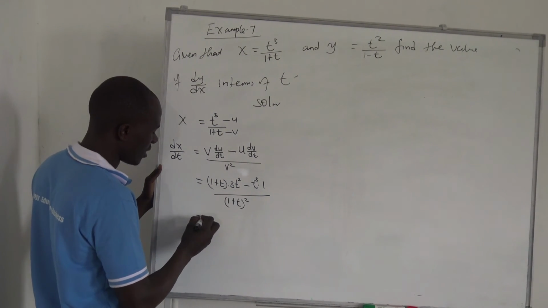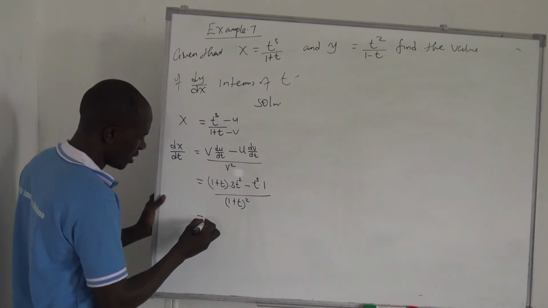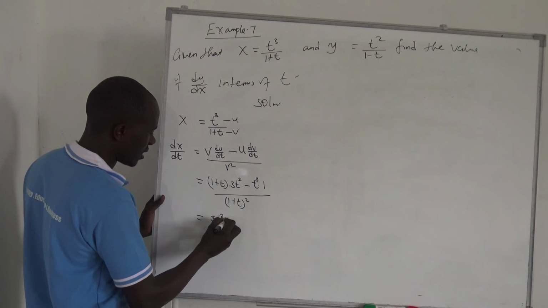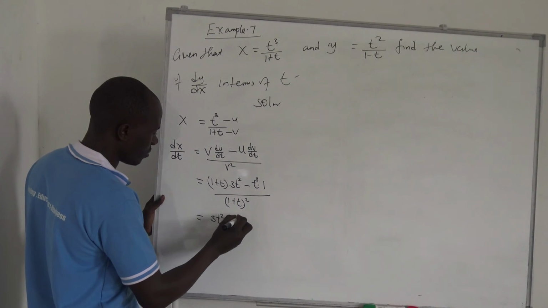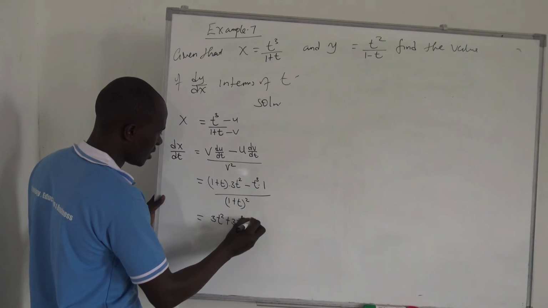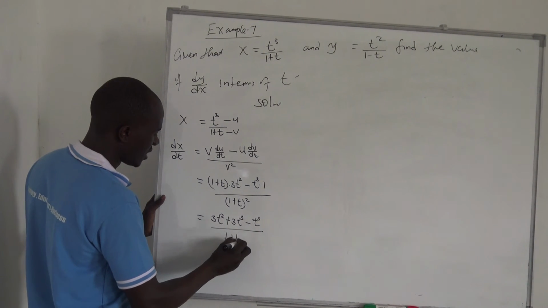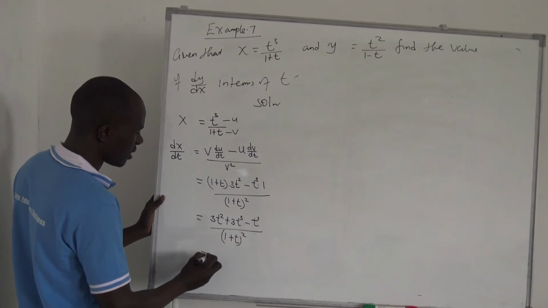We go ahead. What does it become? This becomes 3t squared plus 3t cubed minus t cubed all over 1 plus t, the whole of it squared. What does it become?